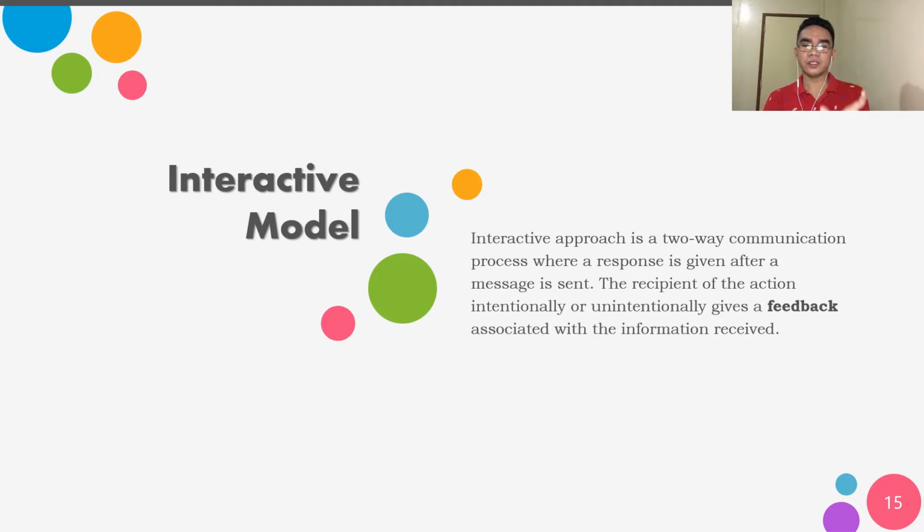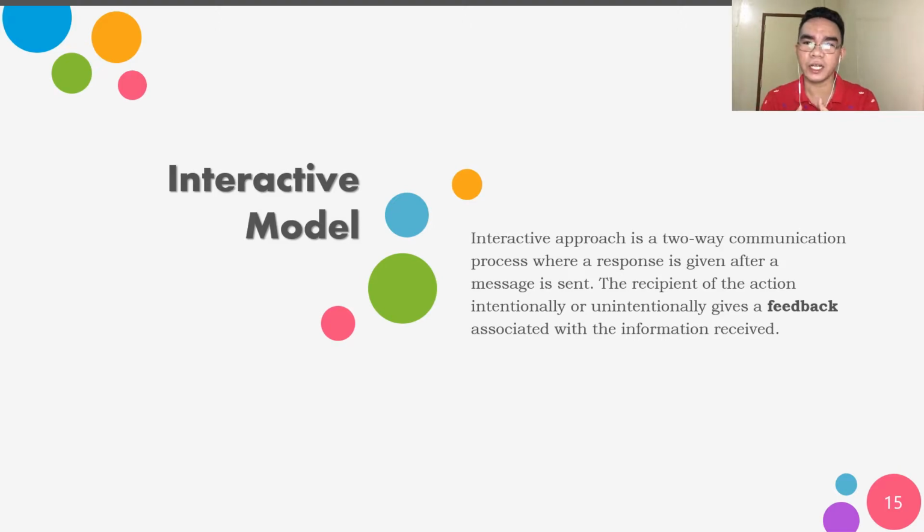The interactive model is a two-way communication process where a response is given after a message is sent. So the recipient of the action intentionally or unintentionally gives feedback associated with the information received.